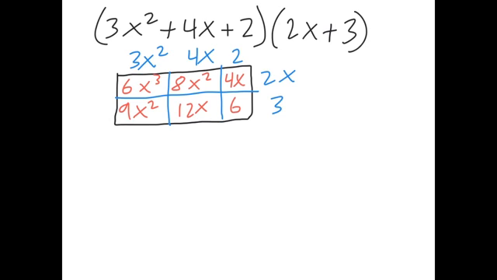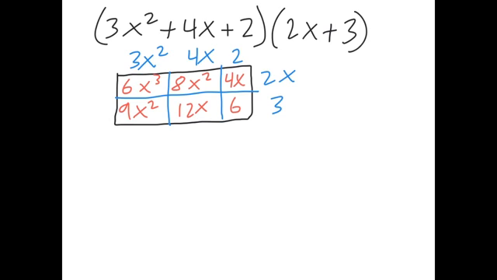Look a little familiar with the numbers? It should. So the next thing we want to do is combine like terms. Notice here we have x cubed, but there aren't any other x cubes, so that'll be left by itself.